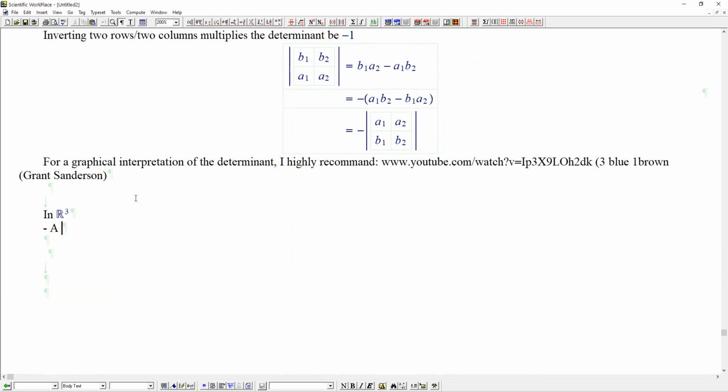So a set described by one equation. Just to show where we're coming from, in R2, a set described by one linear equation, what is it?